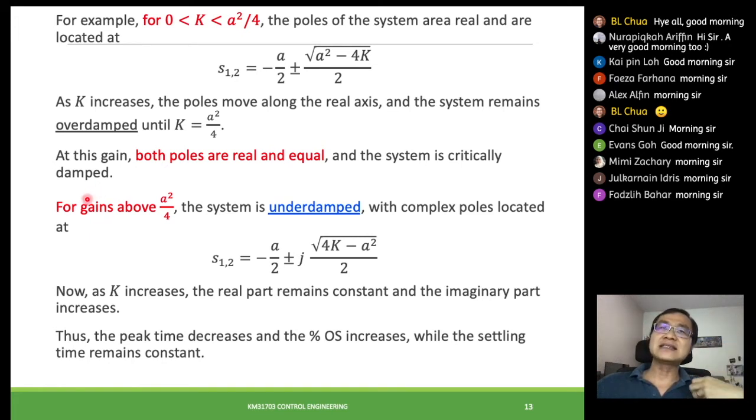Gain is just a multiplication factor, so when you multiply it, we call that a gain. So for the gain above a squared divided by 4, our system now becomes underdamped, right? By selecting a proper value for our gain later on, we can actually control the performance.